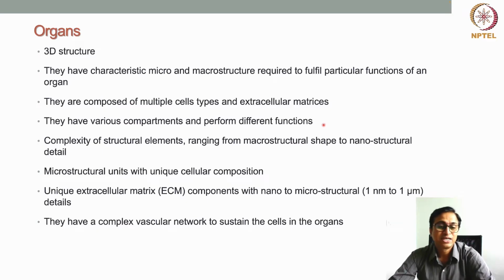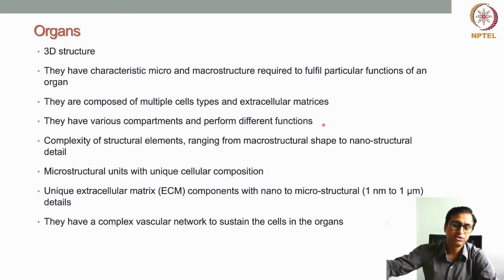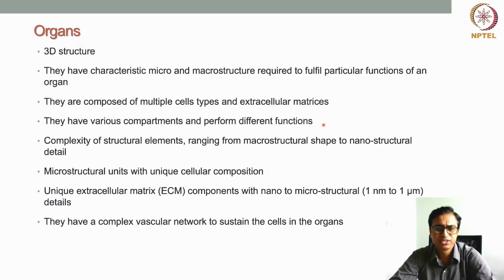But the endocrine function is where the hormones are produced, like insulin and glucagon. All these hormones are produced by this organ, and it helps in sugar metabolism and other things.